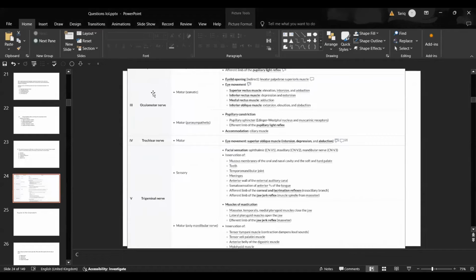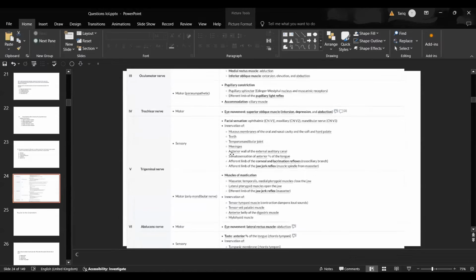Then there's nerve 3, the oculomotor nerve. It has its somatic part, which helps with eyelid opening and movement. And then you have the parasympathetic part, which, like we said, does the accommodation reflex and the pupillary reflex from the Edinger-Westphal nucleus. Then we have the trochlear nerve, which is also related to eye movement.